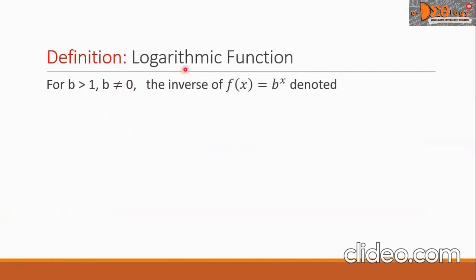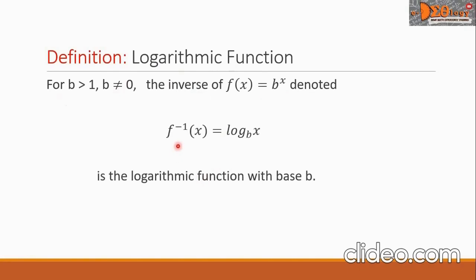Let us define logarithmic function. For b greater than 1, where b is the base, the inverse of f of x equals b raised to x, which is an exponential function, is denoted by f inverse of x equals log of x base b, the logarithmic function with base b.